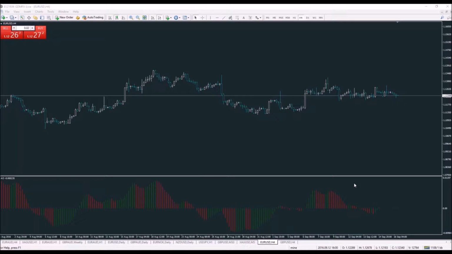The basic definition of the Awesome Oscillator is that as an indicator, it is used to measure market momentum. It calculates the difference of a 34 and 5 period simple moving averages, with of course the simple moving averages that are used not calculated using closing price, but rather the midpoint of each particular bar.